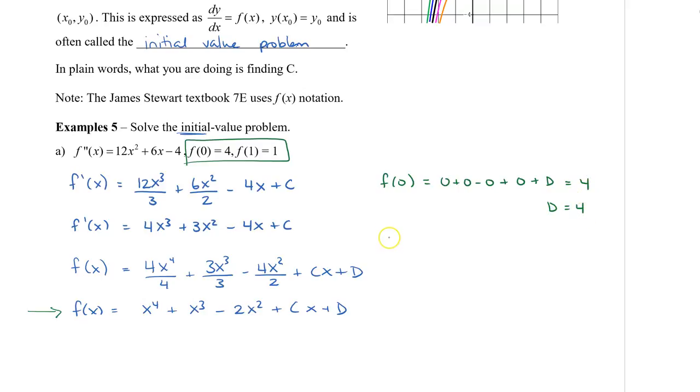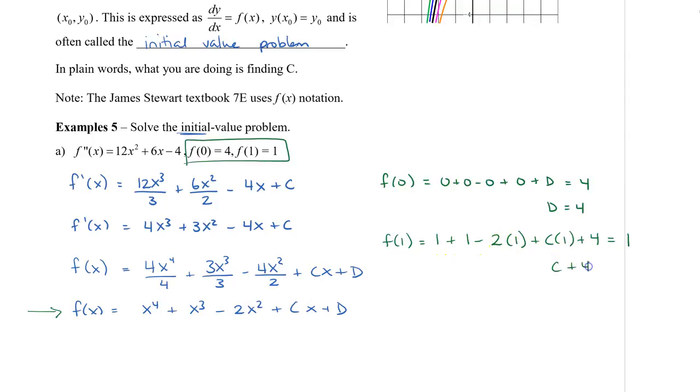Plugging in f of 1, or 1 for x, I now get 1 to the power 4, plus 1 to the power 3, minus 2 times 1, plus c times 1, plus d, which I now know is 4, and that should give me 1 when I plug in 1. So here, 1 plus 1 minus 2 is 0.